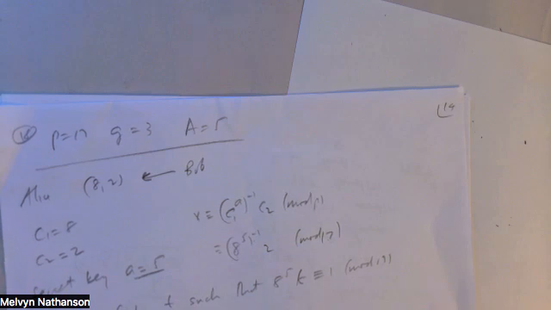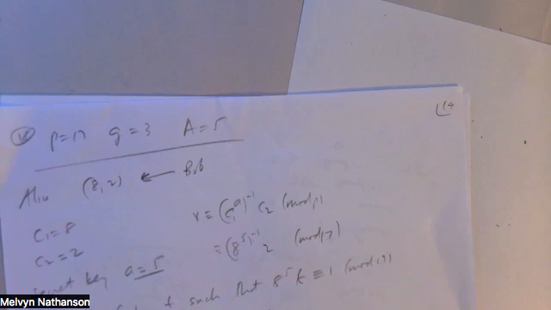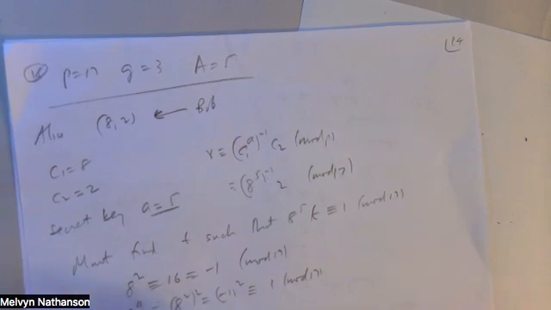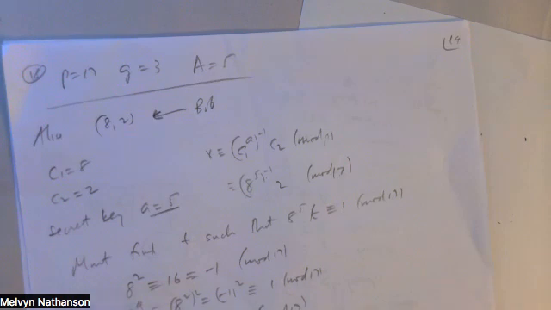8 squared is 16, which is minus 1 mod 17. So 8 to the 4th is 8 squared squared, which is minus 1 squared, which is 1 mod 17. So 8 to the 5th is 8 times 1, which is 8 mod 17. 8 times minus 2 is minus 16, which is 1 mod 17.